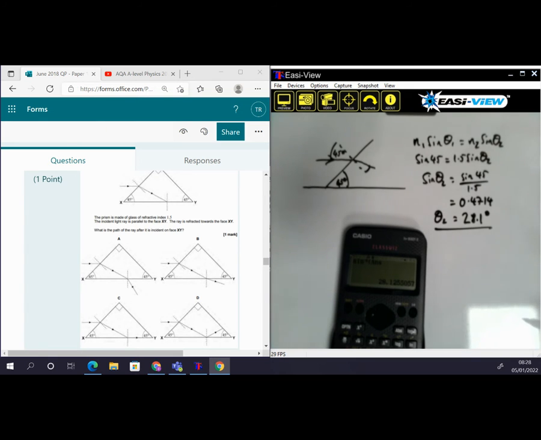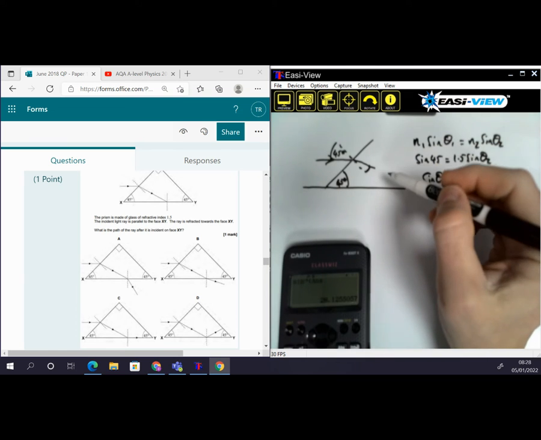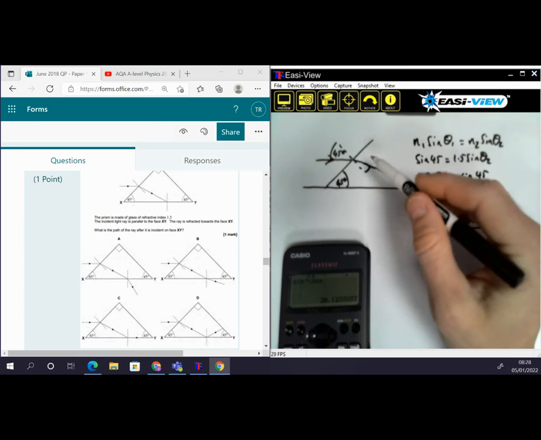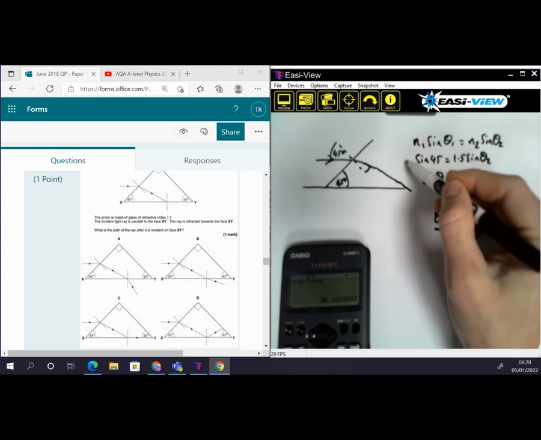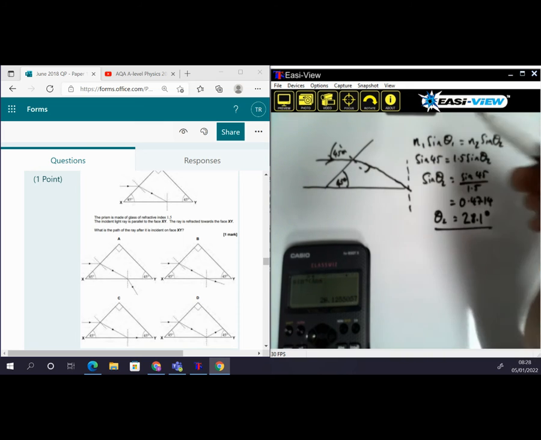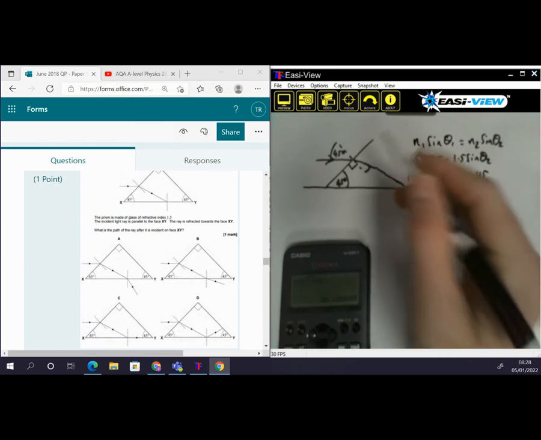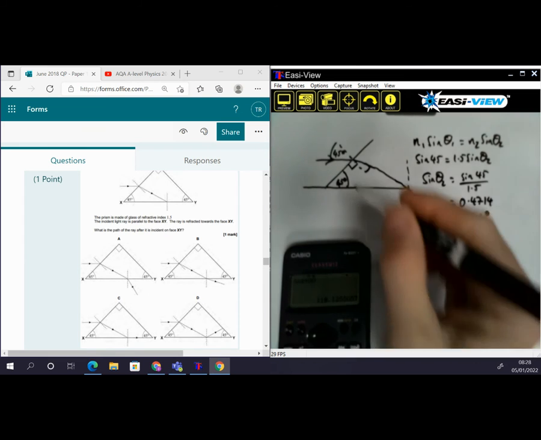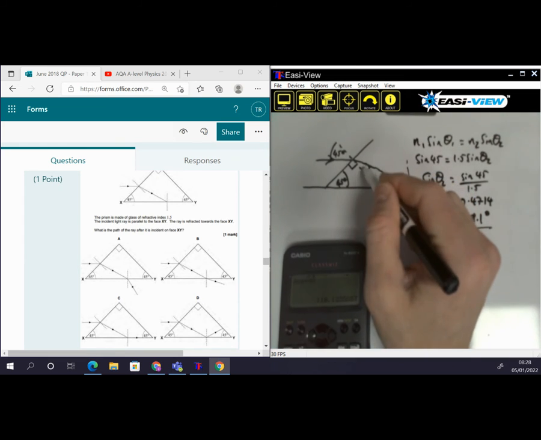Now if we look at the diagram, that refracted angle, we can work out, looking at the diagram, that's 28.1 degrees. This is 90 degrees. So 28.1 degrees plus 90 is 118. So that's the total for the triangle.